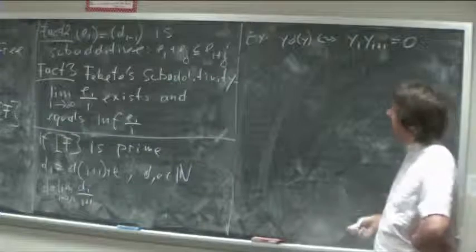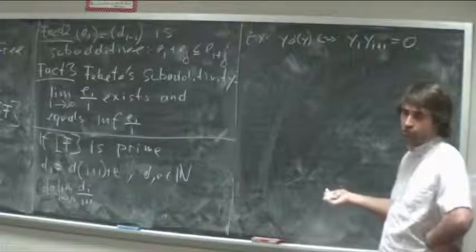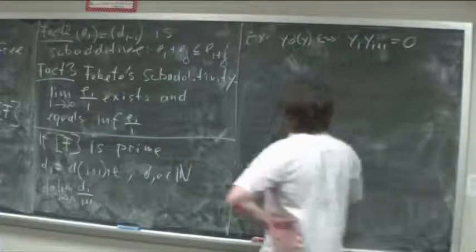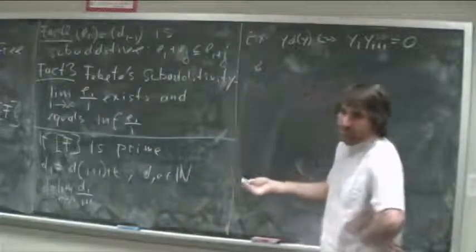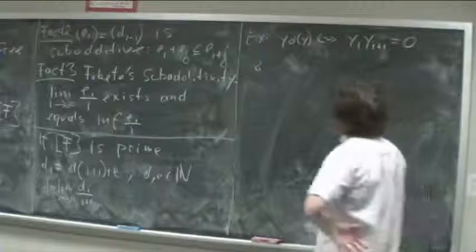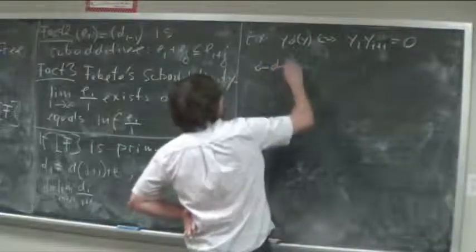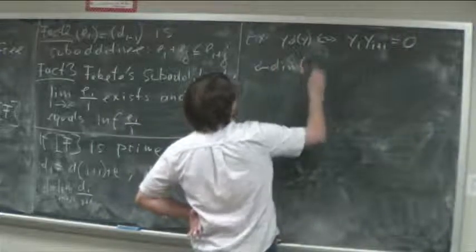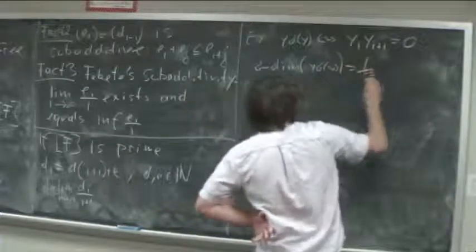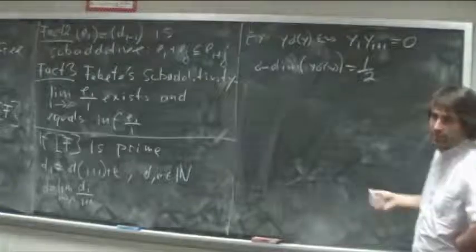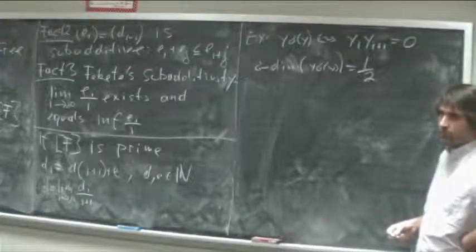So every second entry, you can choose it freely. So what are the degrees of freedom? Well, like I said, every second entry you can choose freely. So the sigma dimension is 1/2, and it kind of makes sense that it is 1/2.